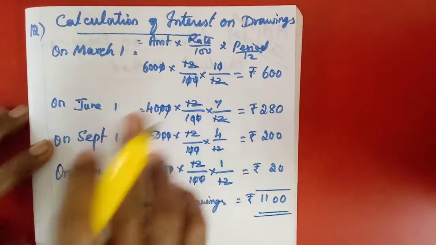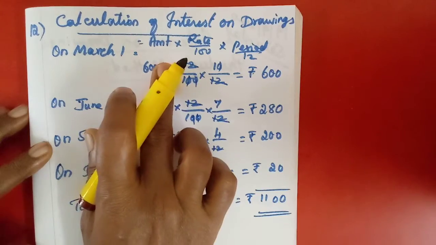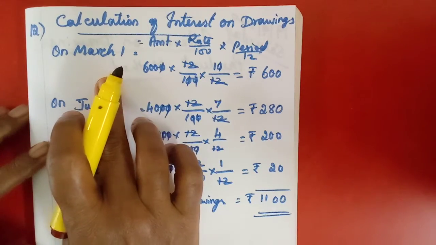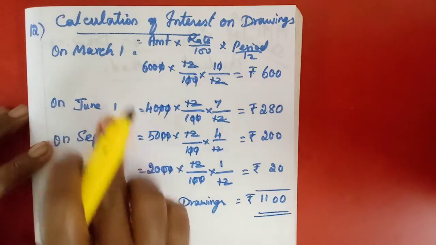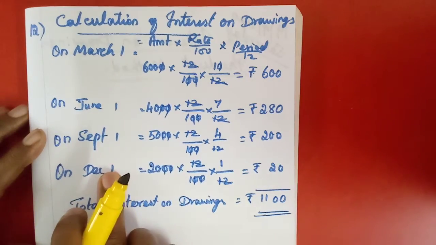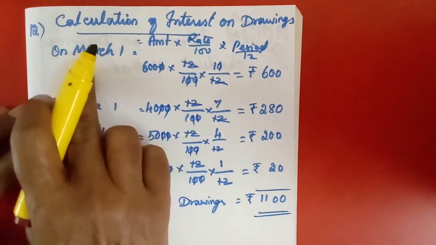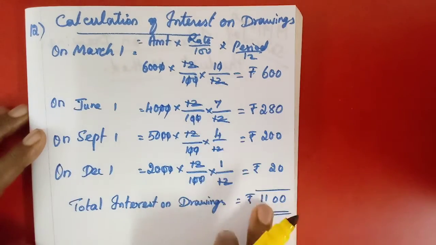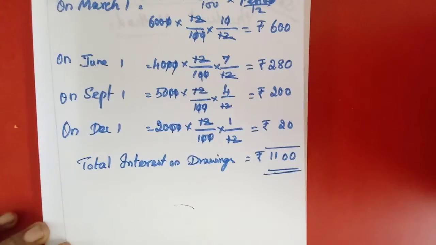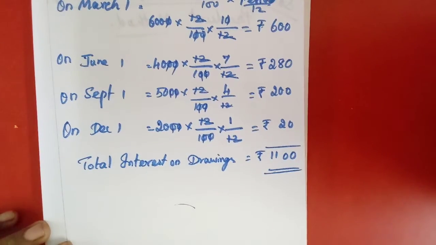Simply, if he has withdrawn on only one day, we will do it within one calculation. But if he has withdrawn on different days, then we need to calculate for each period, and then add them up. These are the types of problems we saw yesterday.